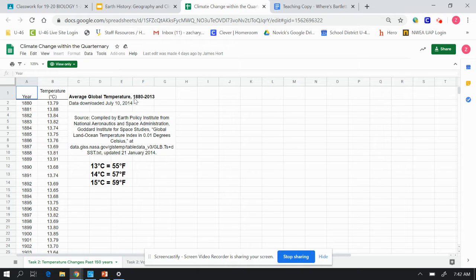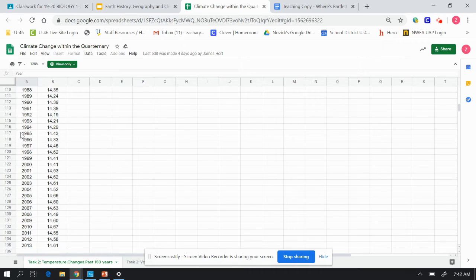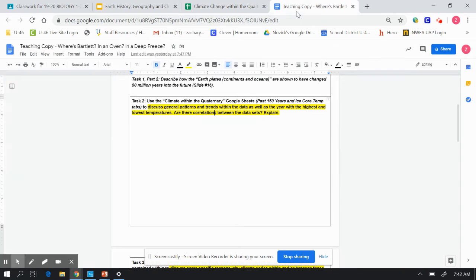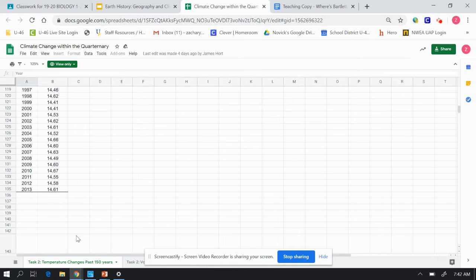This is the average global temperature. Just note here's a conversion chart to kind of help put things in perspective. And your job is to analyze the average global temperature from year 1880 all the way to 2013. Again, looking to discuss general patterns. All right, so there's one. That is the 150 years global temperature changes.